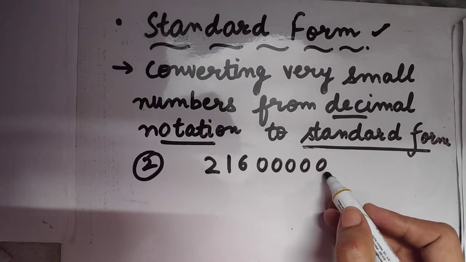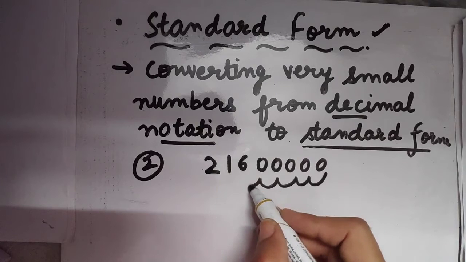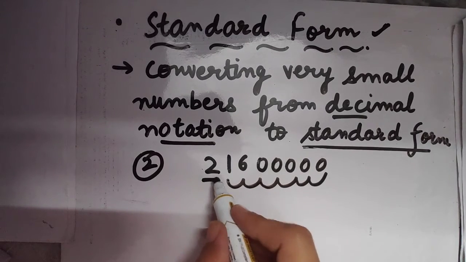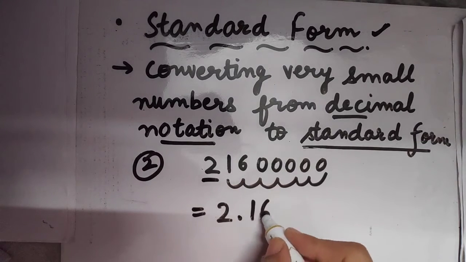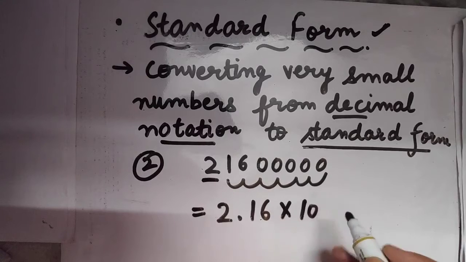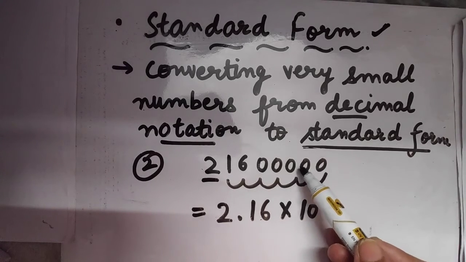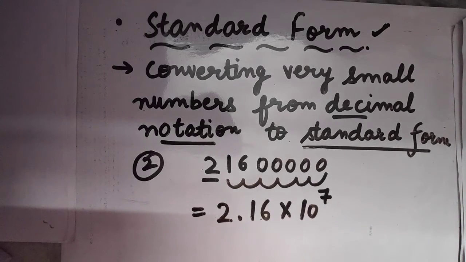Like I have started moving the decimal from this position, that is right to left I need to move, that is 1, 2. Like this I will keep on moving till I get the last digit. So it will be written as 2.16 into 10 raised to the power, how many steps have I moved? 1, 2, 3, 4, 5, 6 and 7. So it will be positive.